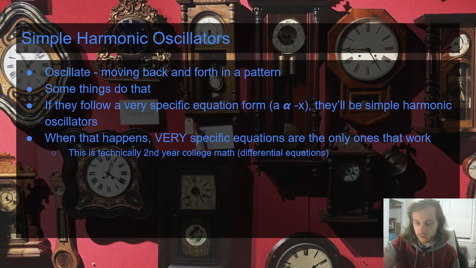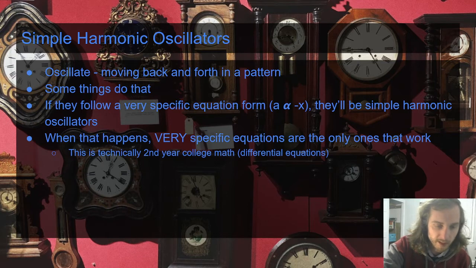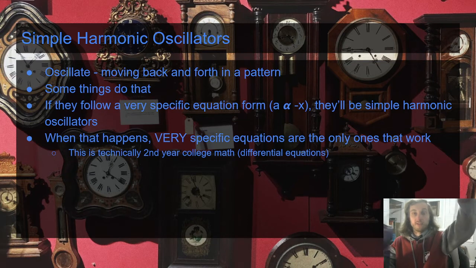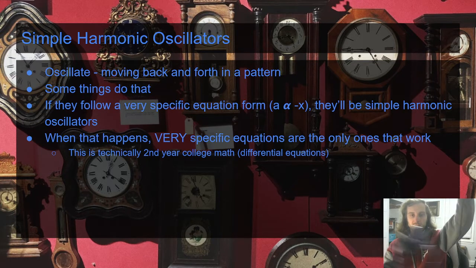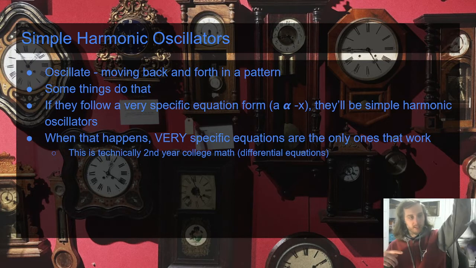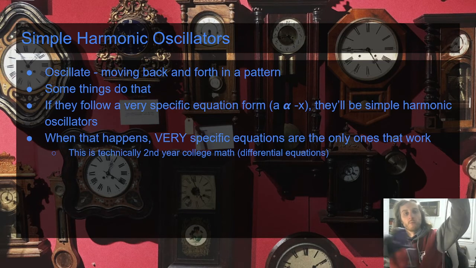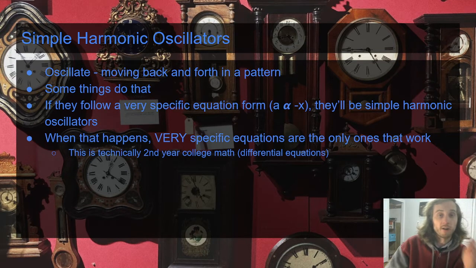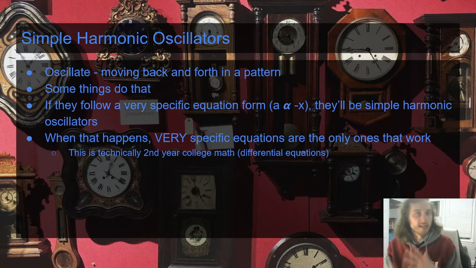I unfortunately don't have a good example of a spring on me, but if you take an object on the end of a string and let it swing back and forth, it'll go all the way to one side, all the way to the other side, down to the middle, and back and forth. Every time it does that, that is an oscillation, or one repetition of the cycle. A simple harmonic oscillator is a thing that is doing that in a very specific way. That's what makes it simple harmonic motion.